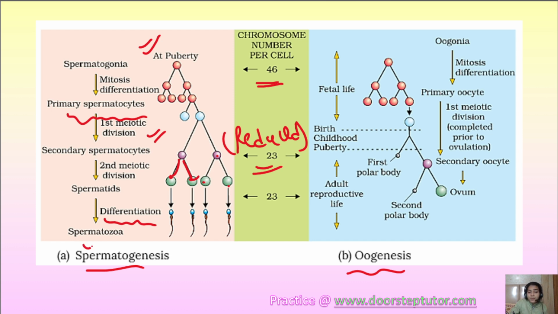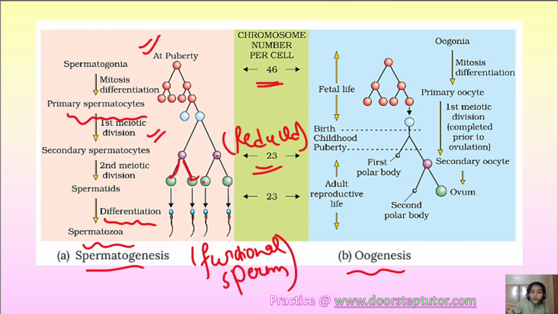After this, spermatozoa, or the functional sperms, are formed. So we concluded that from one diploid cell, four haploid cells are produced, and these sperms are motile because they have a tail structure.